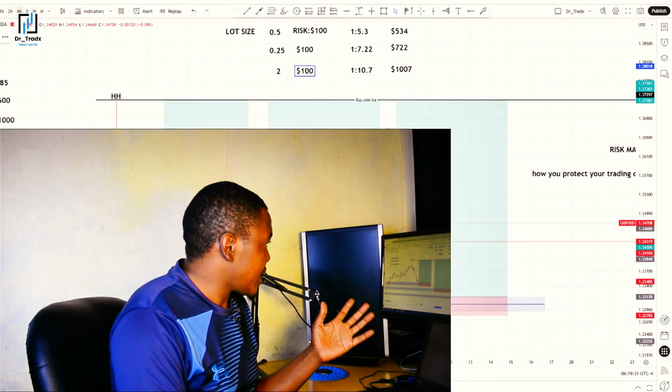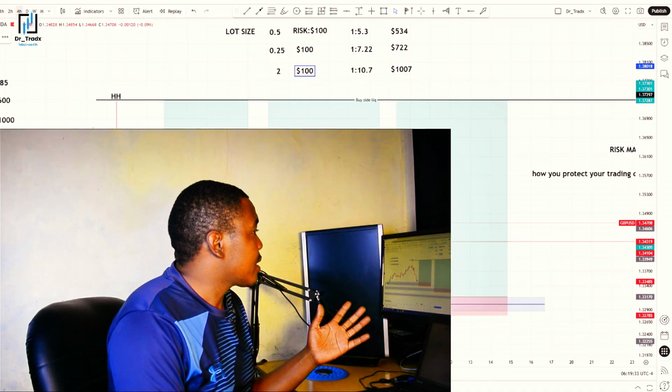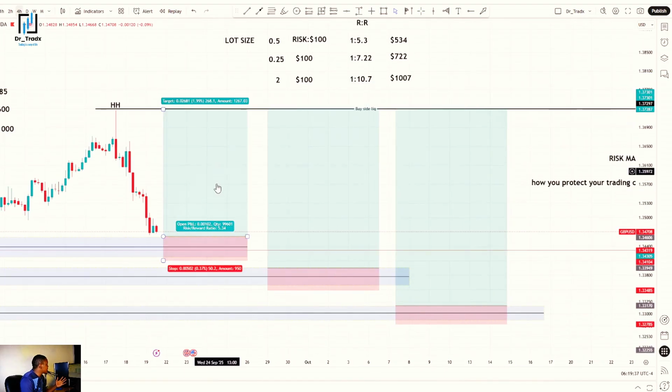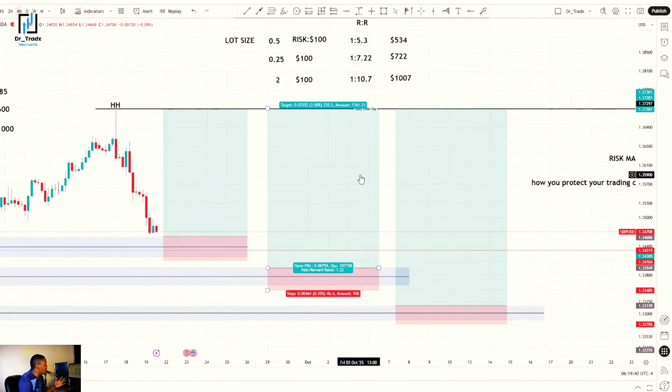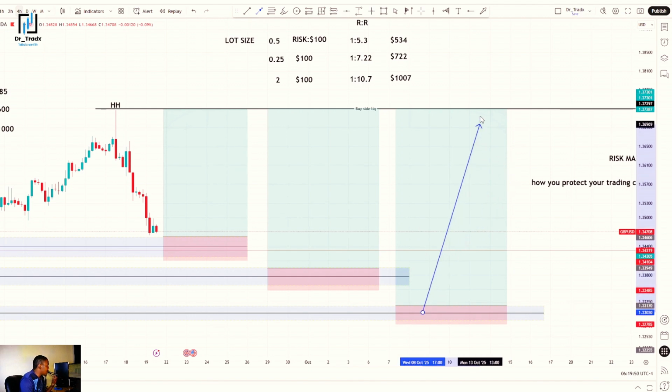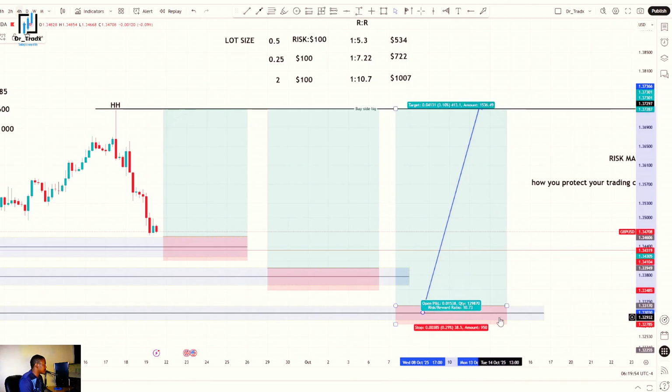Now, as you can see again, the moment we lost $100 here, the market comes and takes over, decides to rally, and shoots to our take profit.